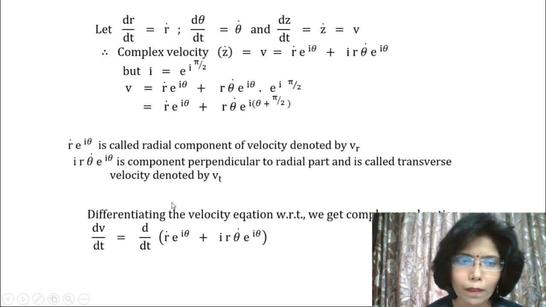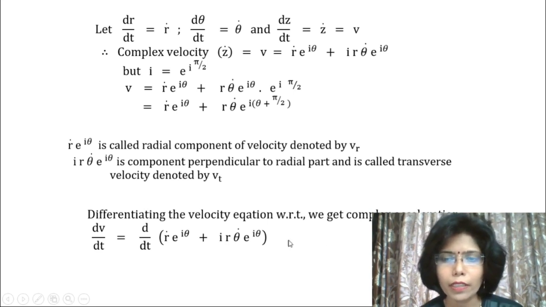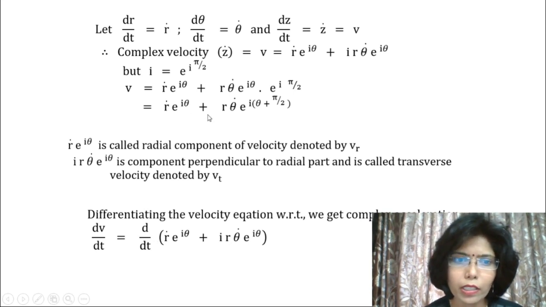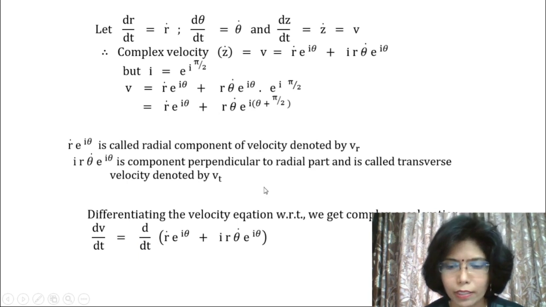Now differentiating this velocity with respect to t, we can get the complex acceleration as dv by dt is equal to d by dt of this expression, that is r dot e raised to i theta plus i r theta dot e raised to i theta.